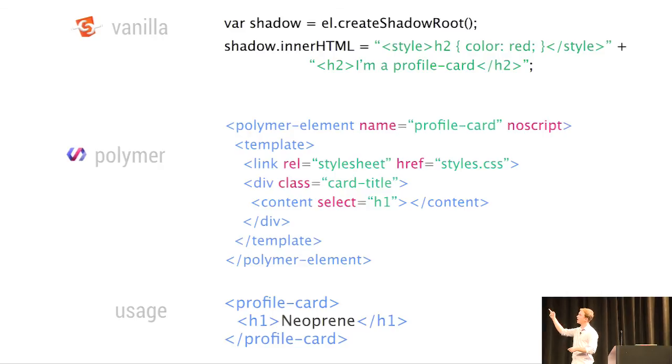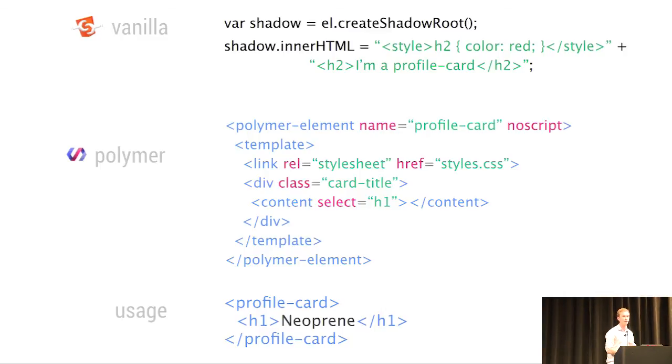And then within the actual element markup, I can say, OK, I've got this markup. I've got a card title div. I want to give it a class. And then this right here is where I want to put any header child that I have. So that's what this content select is. That's native Shadow DOM. It's part of the native Shadow DOM spec. Polymer respects all of that and lets you do that. And so this is how you start composing these elements together. And you can imagine that with this, you can really create this select element.